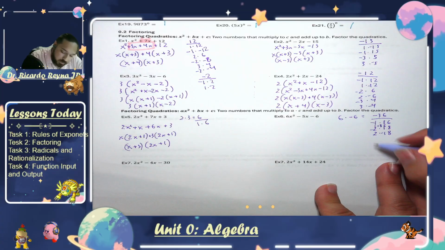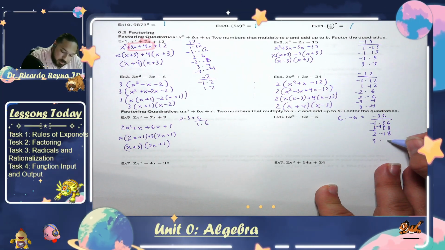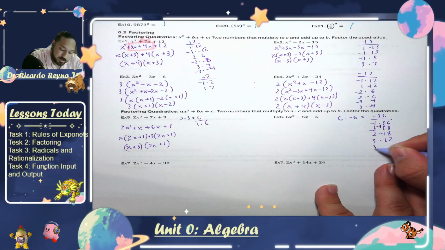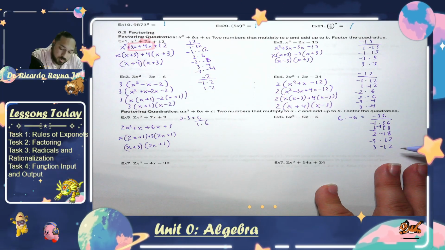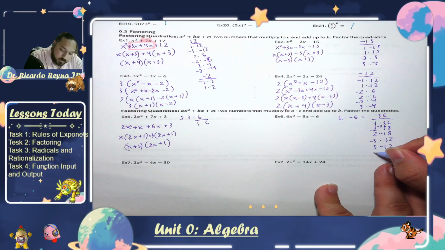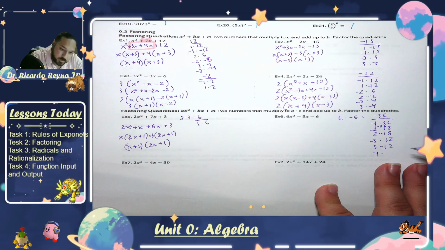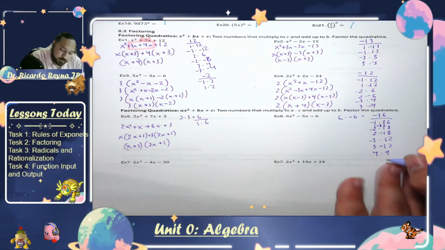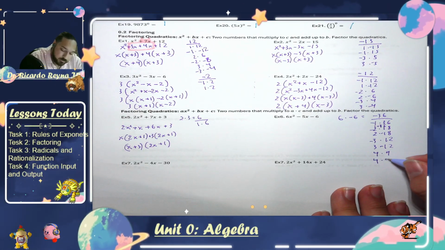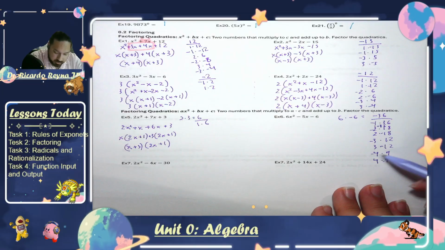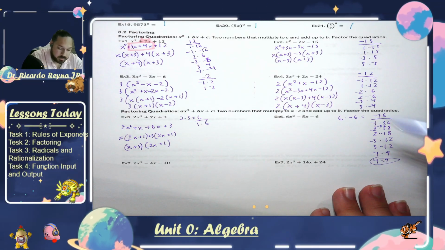Looking for negative 5. Sounds like a bingo caller. Let's see. What was that? 4 times, don't tell me, 9. And this is going to add up to negative 5.